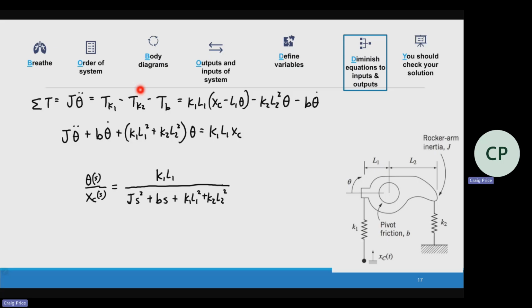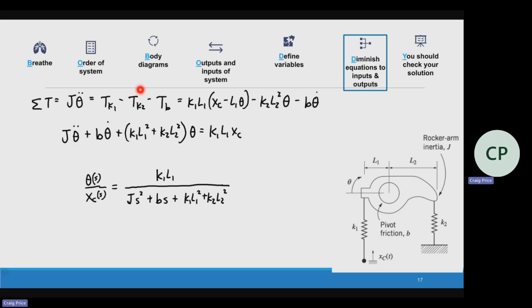Which free body diagram do you like better? Well, because you could say TK1 is FK1 because it is a linear spring. So it's going to be FK1 times the distance L1.